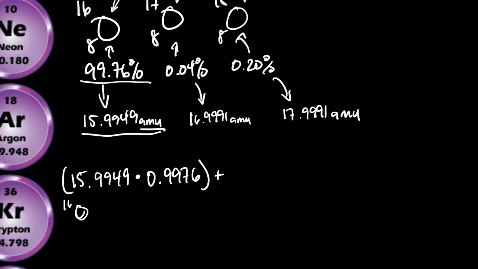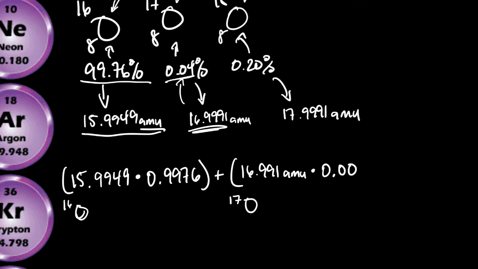Then I'm going to add it to the next isotope, oxygen 17. We know that the mass is 16.991 AMU, and I'm going to multiply by its decimal abundance. Remember, I have to move the decimal twice to the left, so in this case it's 0.0004.